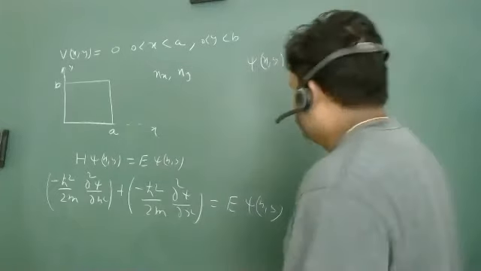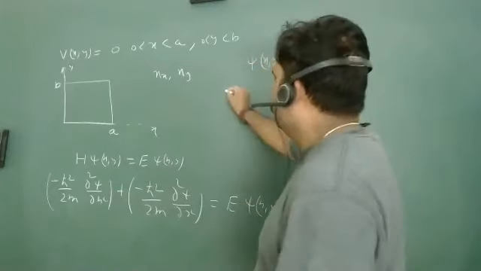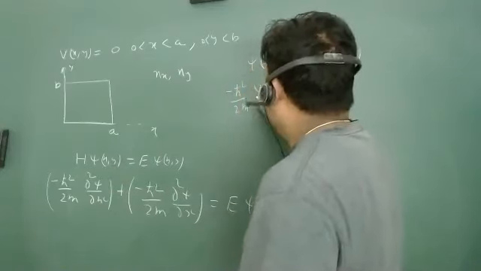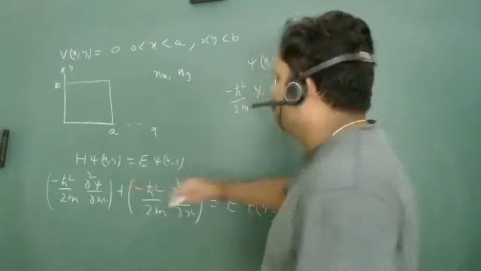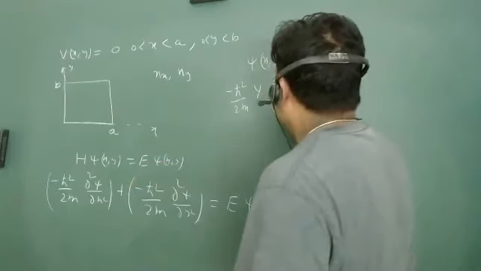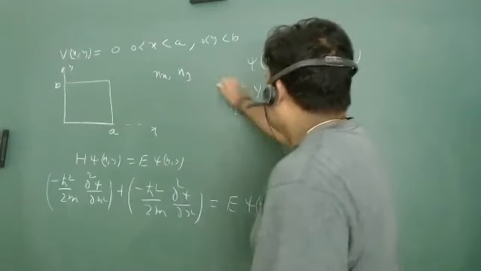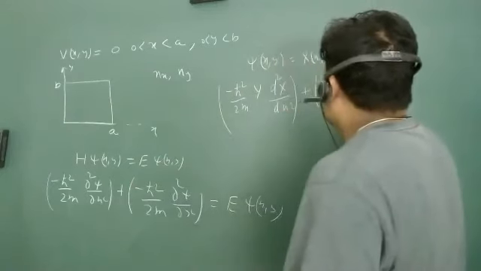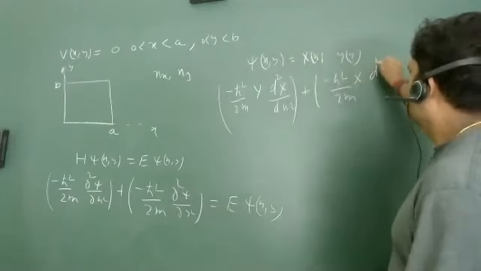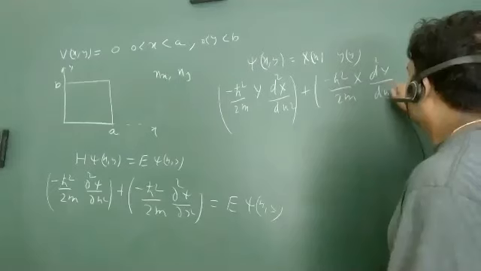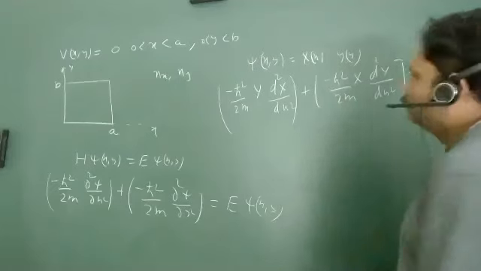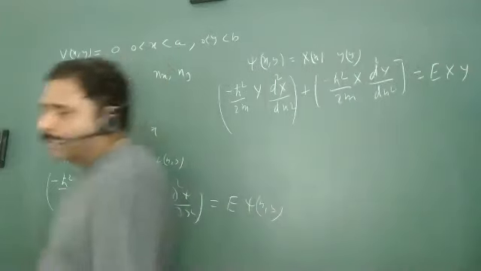So what will happen? We can put it into this equation: −ħ²/2m Y, and this partial derivative will be converted into a total derivative.